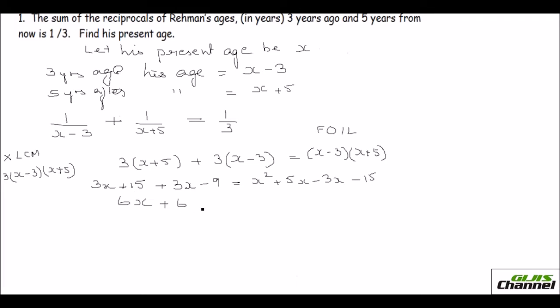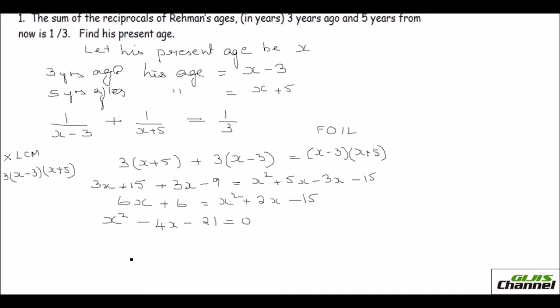The other side is x squared plus 2x minus 15. Now bring all to your right. It becomes x squared minus 4x minus 21 equals 0. So we got a quadratic equation now.